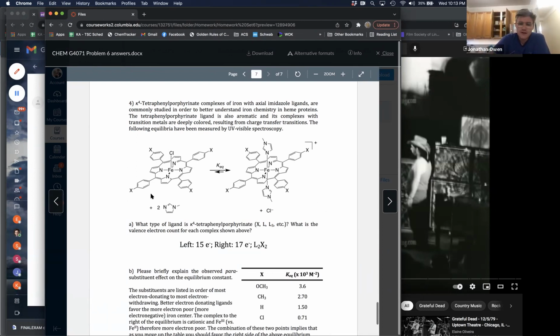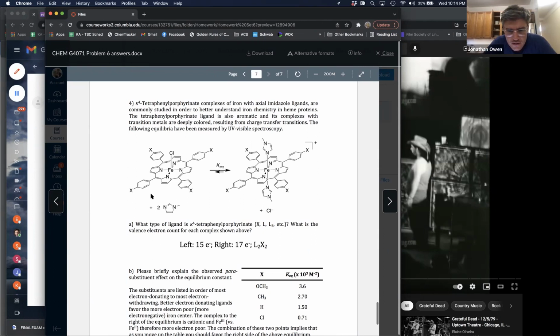Again, what we're trying to do is to measure the favorability of making the compound on the left or the compound on the right.